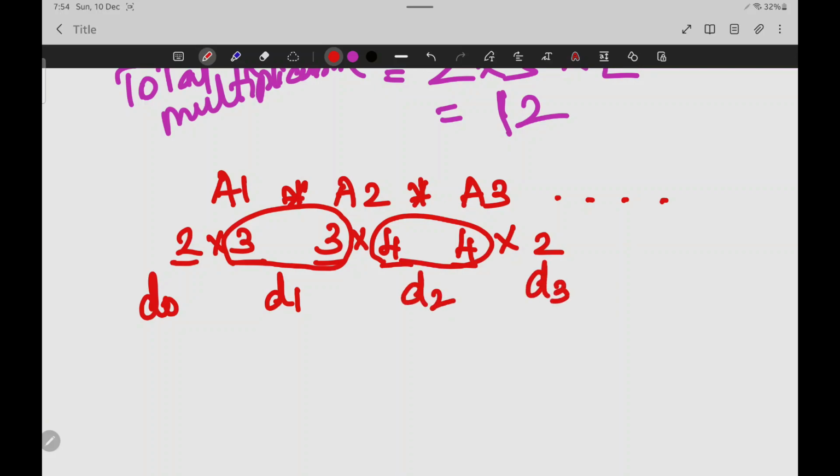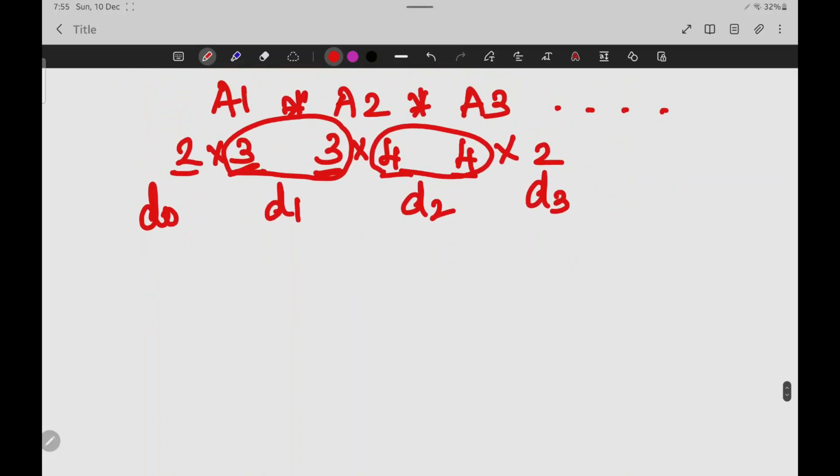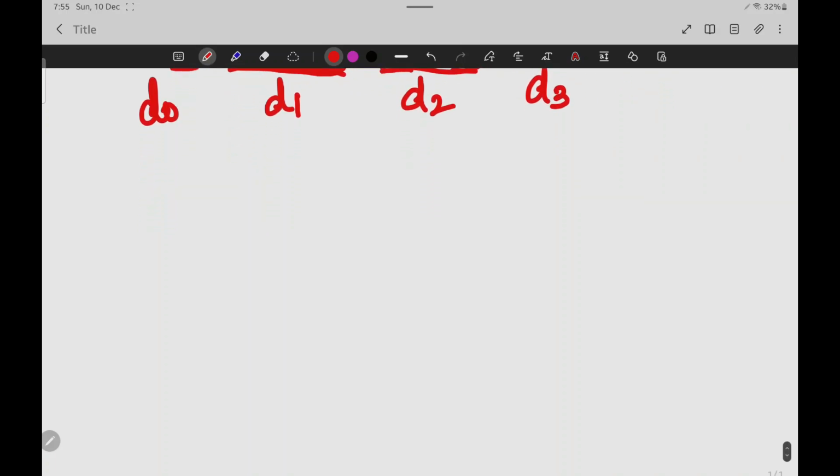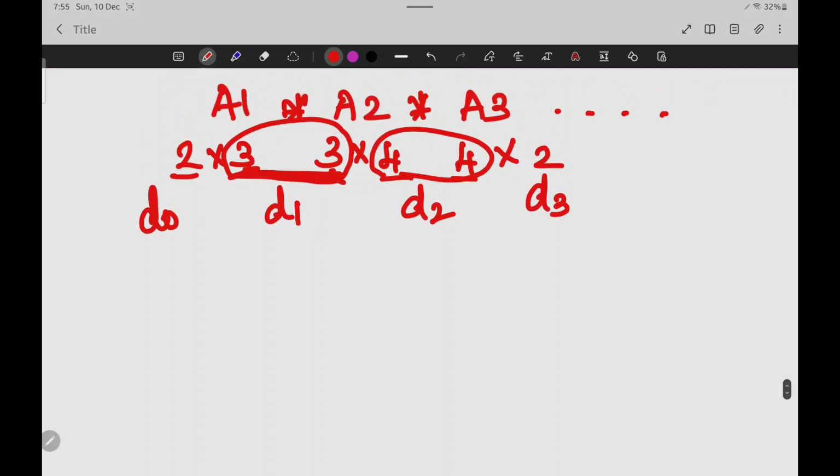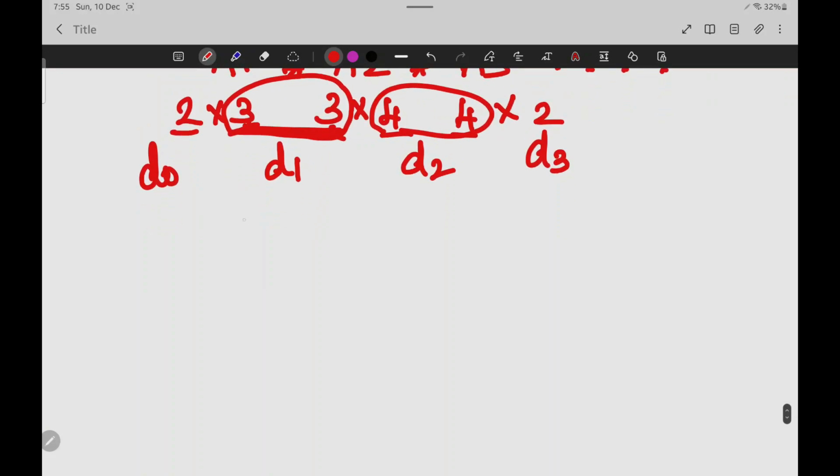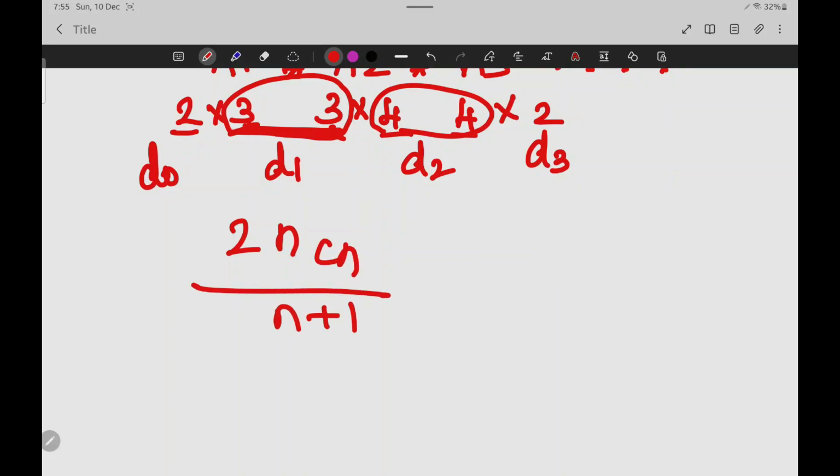Why did I make it common? Definitely this column and this row should be the same. Therefore, I have made it D1 as the combined dimension. Likewise, how many combinations can we have? We can find it through the formula 2nCn divided by n plus 1.